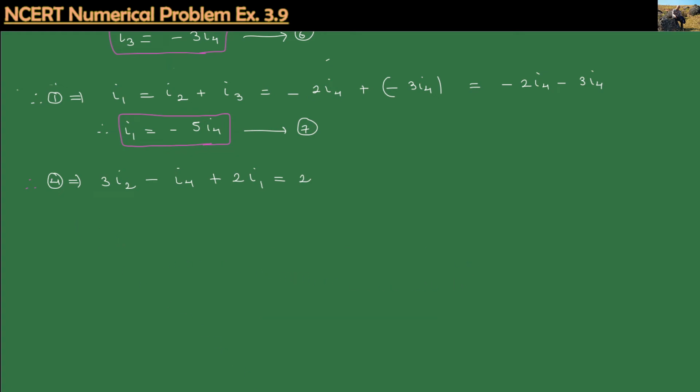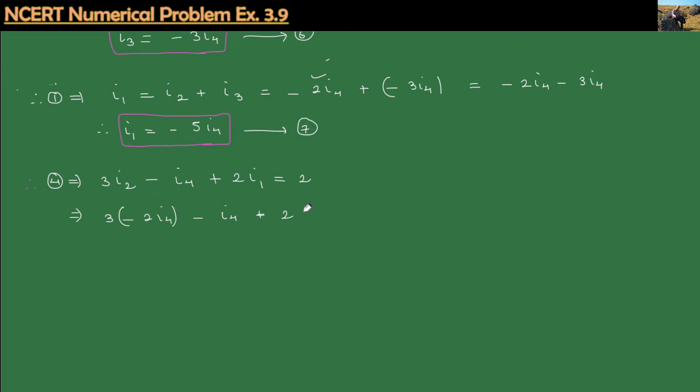From here, what is the value of i2? The value of i2 is minus 2i4. Then we have minus i4, plus 2 times i1. What is the value of i1?